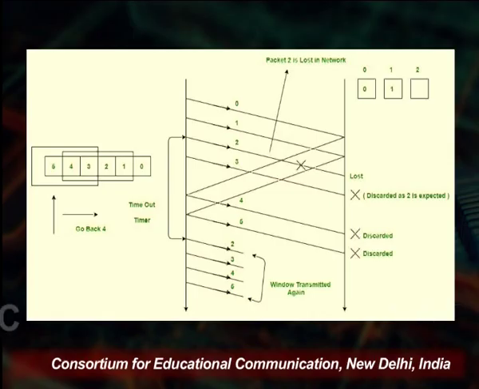So whenever a packet is missing or an acknowledgement is not there, the window will not be slid. This way, the window will keep on sliding as the correct packets are received at the receiver's end, and the acknowledgement is also correctly received at the sender's end.